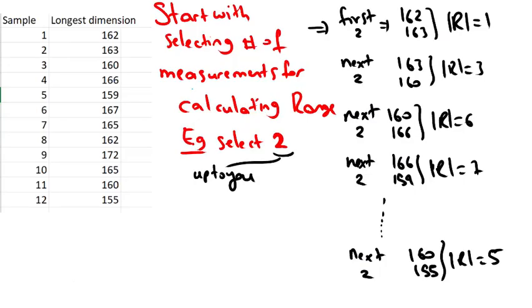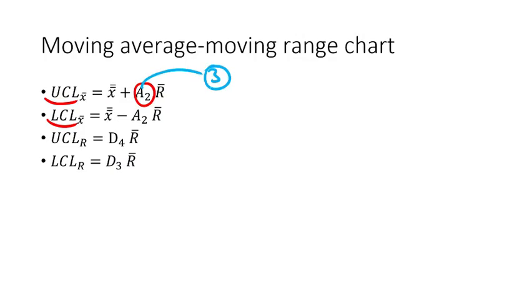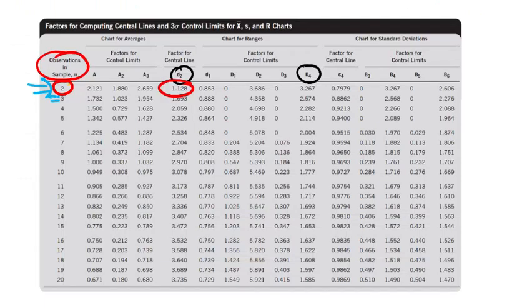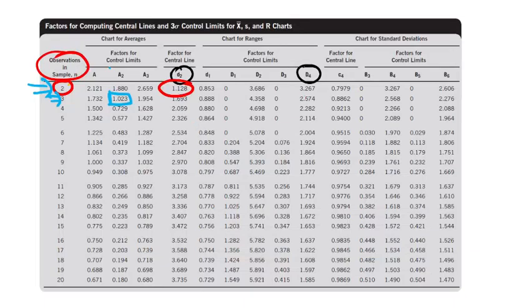For the previous one I took 2 measurements and was checking 2, but now I'm taking 3 at once, so just go with the 3 here. For that 3, the A2 value is 1.023, and then D3 is 0, and D4 is 2.574.